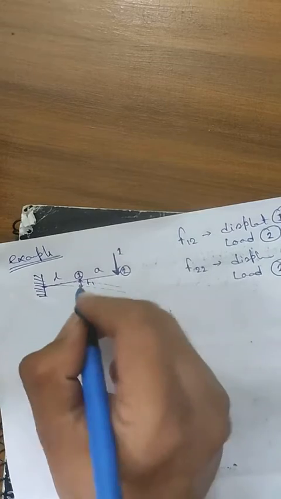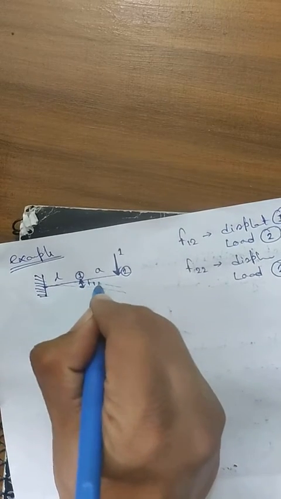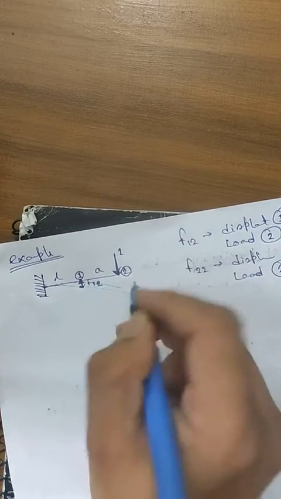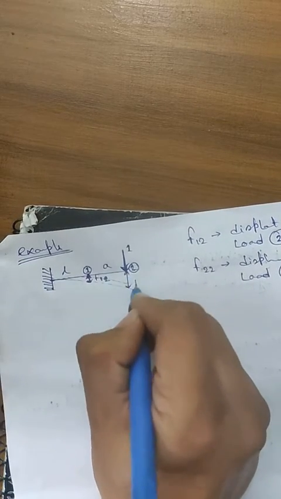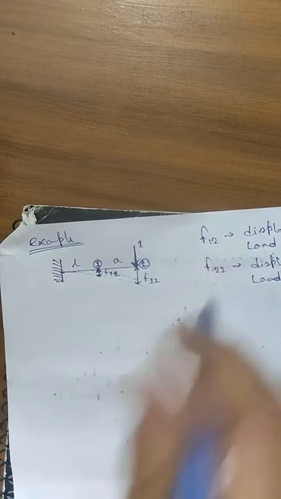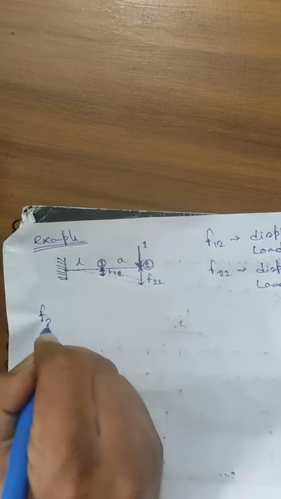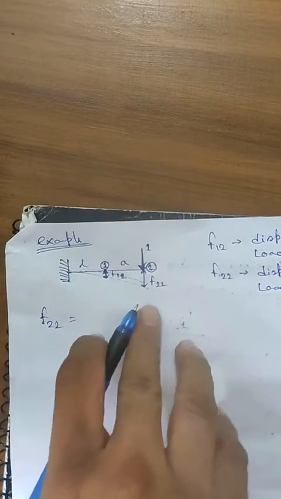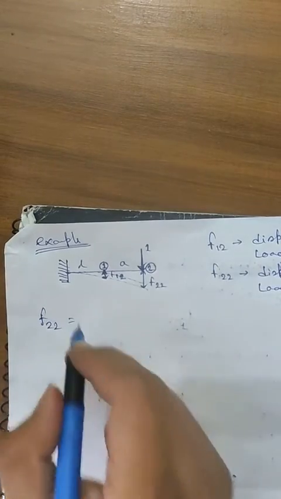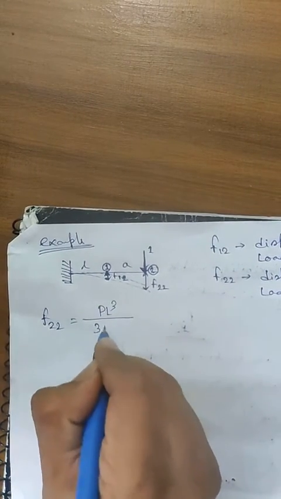So this is F12, and this one, for load 2, is F22. Clear? So F22 would be equal to, for a cantilever beam with a unit load applied, PL cubed by 3EI.